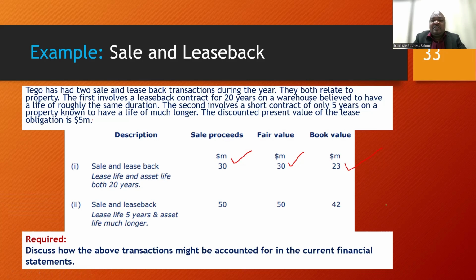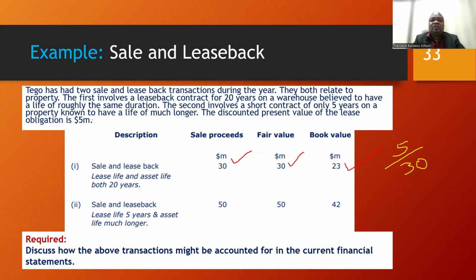For example, if somebody enters into a sale and leaseback in this situation, the obligation is only 5 million against the fair value of 30. The present value of future lease payments we expected here.